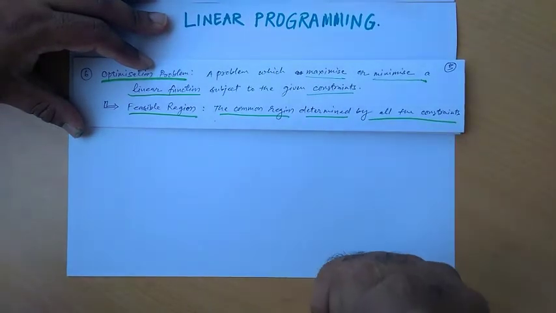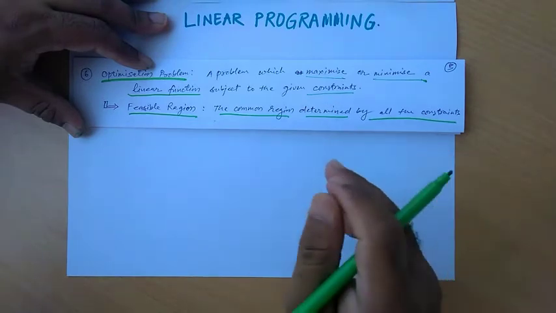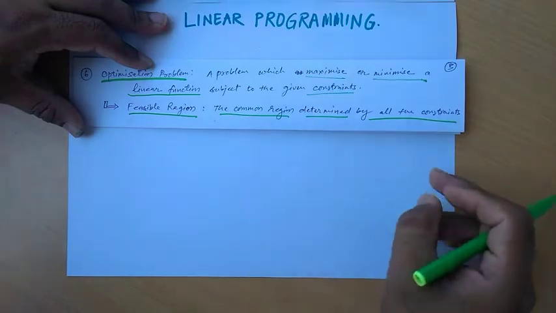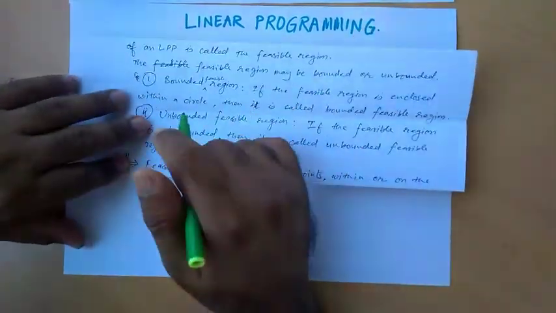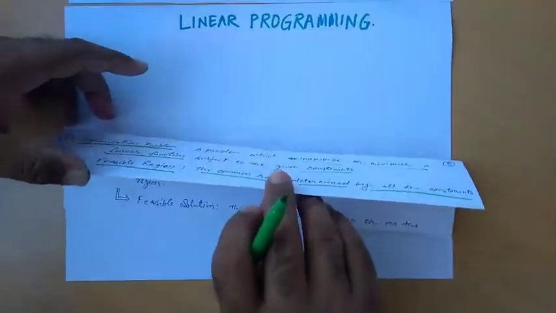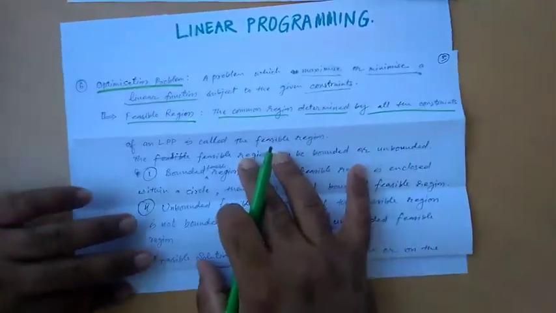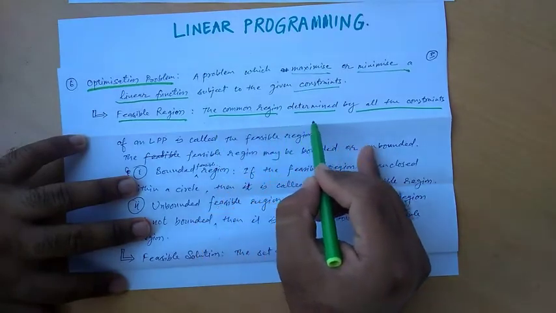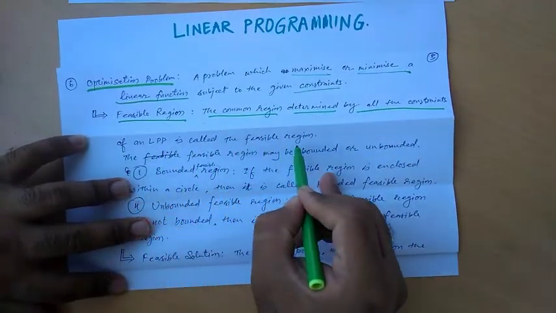If that is not determined, then we do not consider it a feasible region. We will see in the solution also how we get the feasible region. The common region determined by all the constraints of an LPP is called the feasible region.